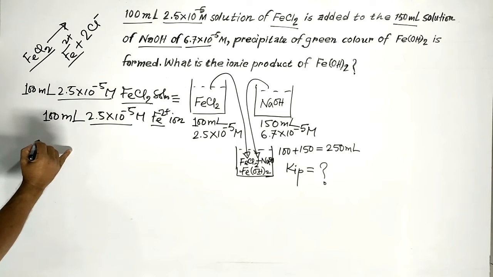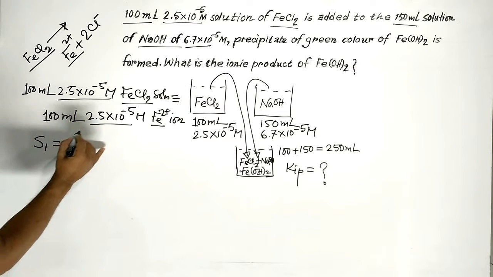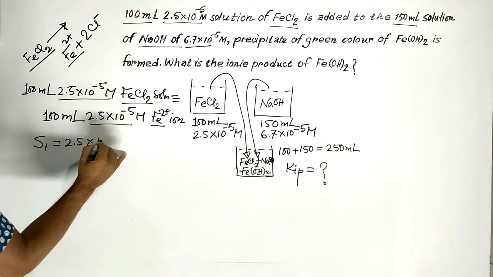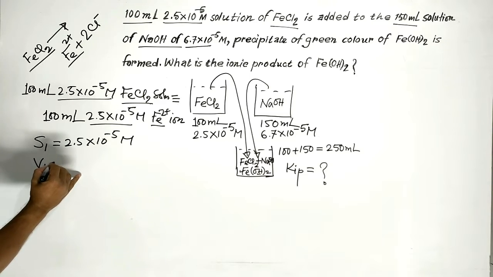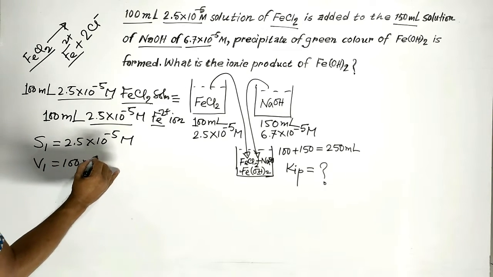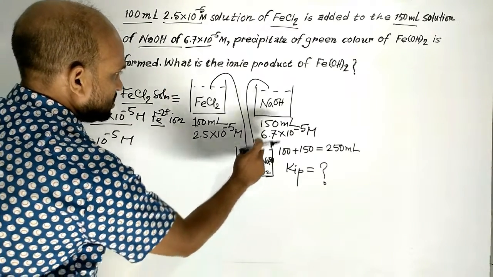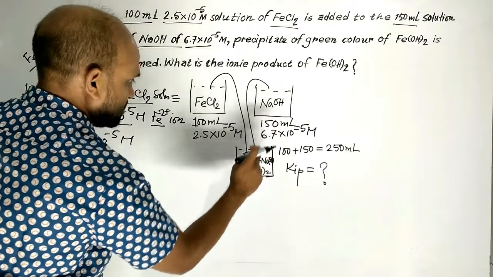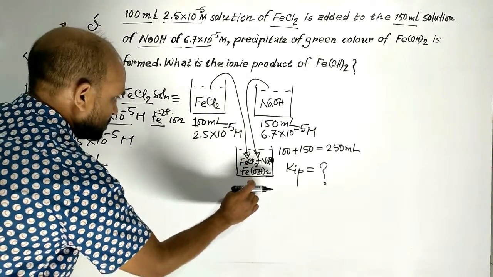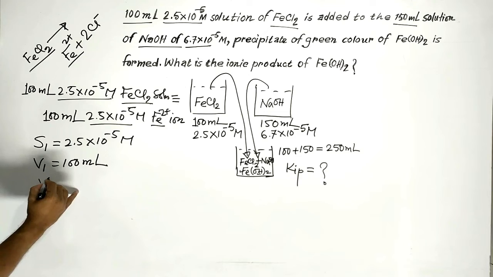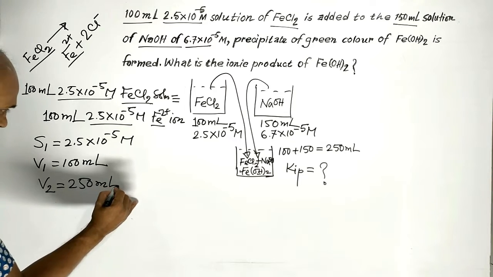So before mixing, concentration of ferrous ion, suppose S1, is 2.5 times 10 to the power minus 5 molar, and before mixing its volume is 100 milliliter. When this solution is taken with the solution of sodium hydroxide, that is in the mixture, its volume, suppose V2, is 250 milliliter.